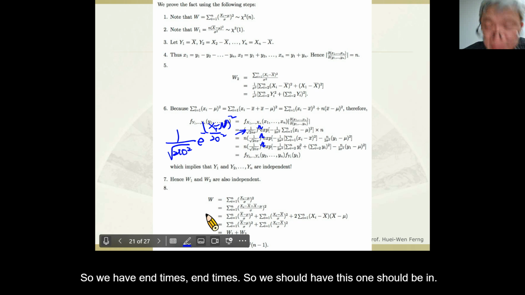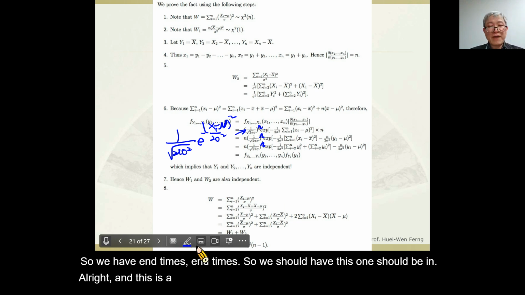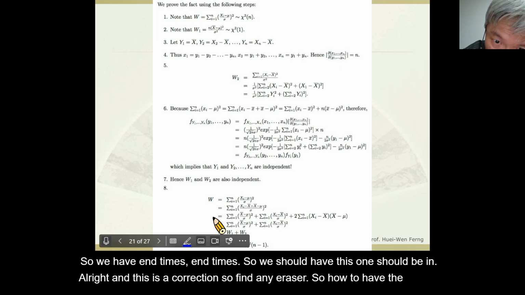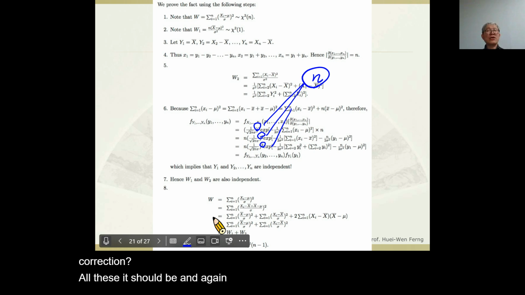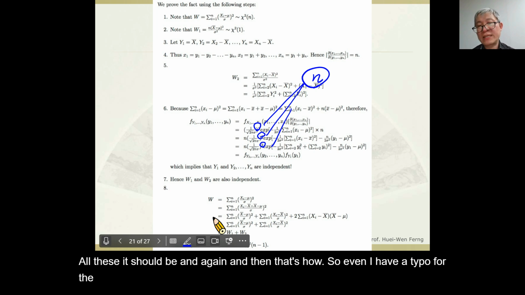And this is a correction. So finally, let me erase all. How to have the correction? All these should be n again. And that's all. Even though I have a typo in the current derivation, it doesn't matter.